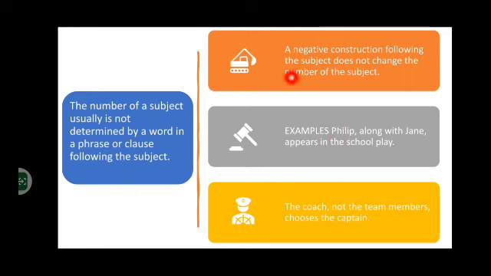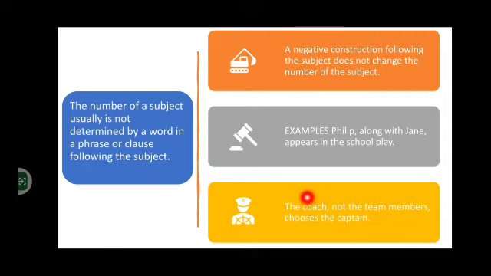Now the second notion is that a negative construction following the subject does not change the number of the subject. For example, here we have, the coach, not the team members, chooses the captain. You can see that the coach, not the team members. Even though team members is there, which is plural, this team members will not affect the number of the subject, the coach.